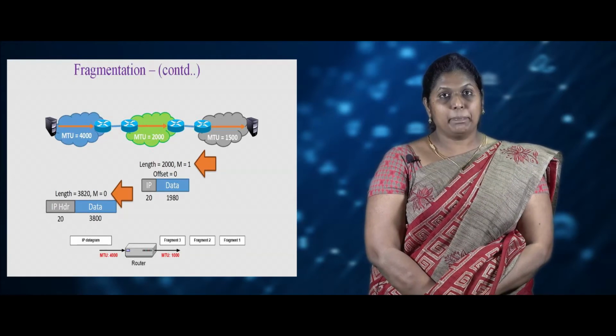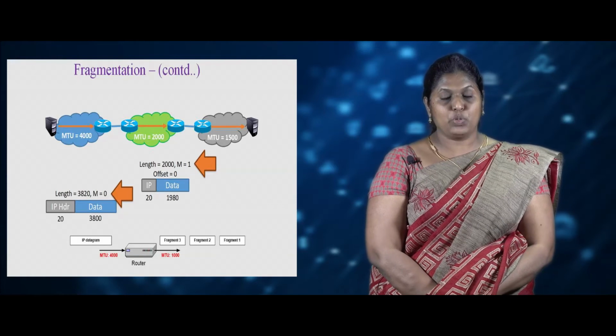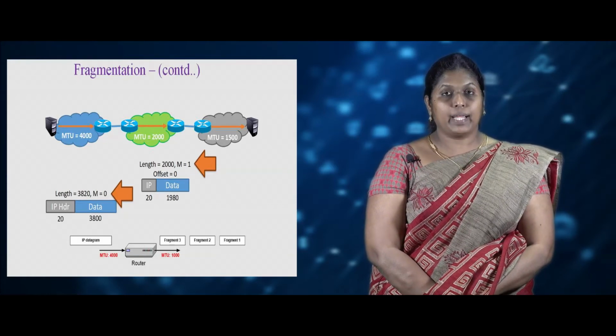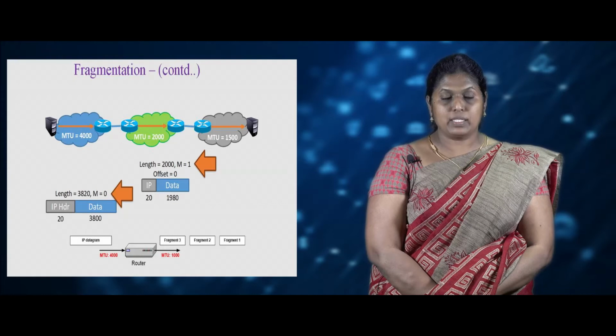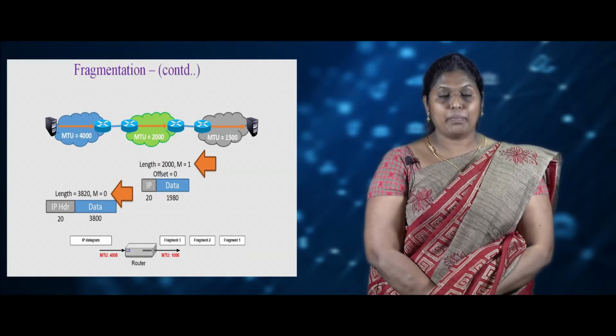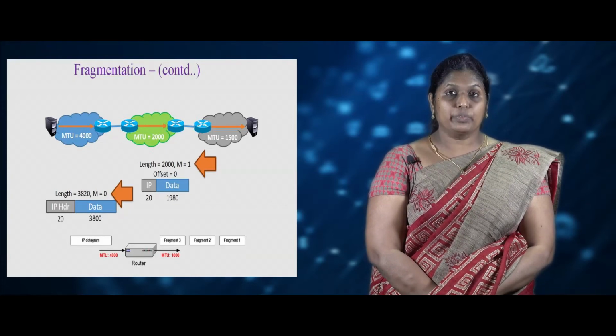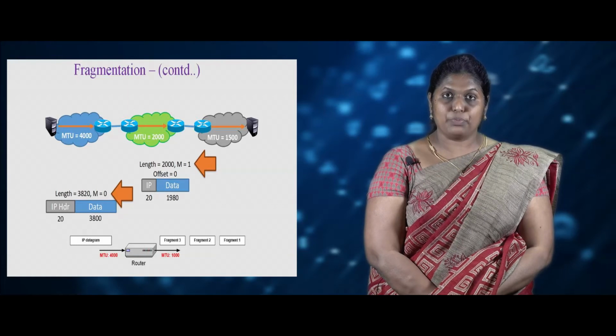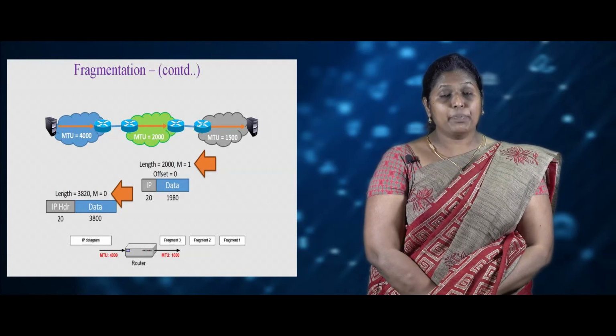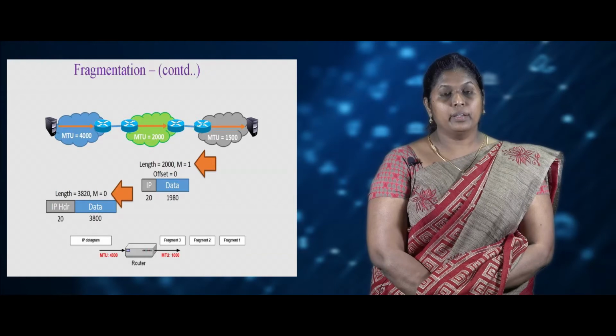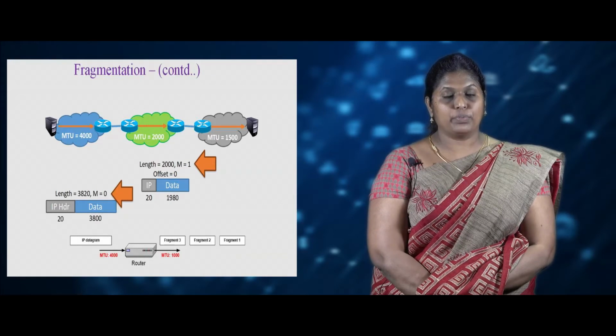Now consider an example where a network has an MTU of 4000. Here the datagram is divided into two parts: the header is 20 bytes long and the remaining 3800 bytes is considered for the data, and the MF bit is set to 0 provided this is the first fragment of the datagram.